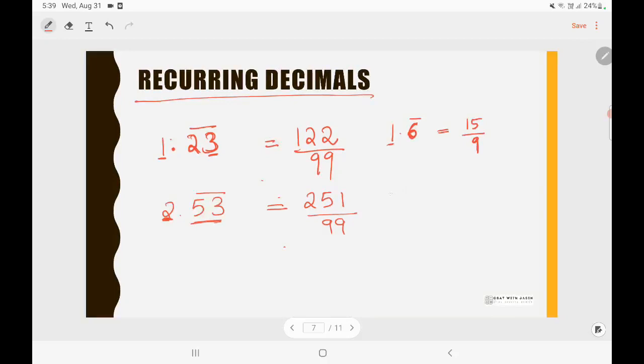And again, if this is 3.5678 bar, here you need to subtract 3 from this number, so you will get 35675 divided by, there are 4 numbers repeating, so you will get 9999.